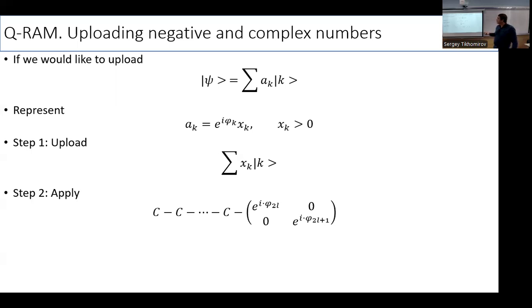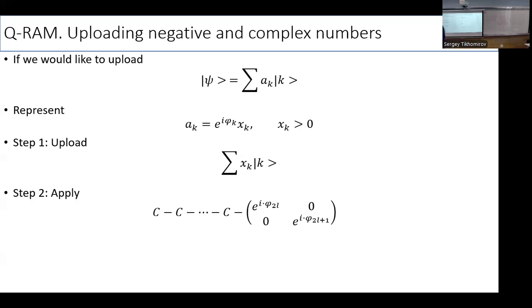And of course this control is somewhere 0, somewhere 1, exactly as the binary representation of L. So first we create the whole state, and after this, on every leaf, we change the phase.